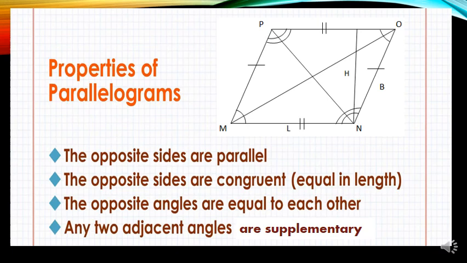So recall all the properties of parallelogram before we proceed to the classifications of parallelograms. The opposite sides are parallel and equal, opposite angles are equal to each other, any two adjacent angles are supplementary, diagonals bisect each other, diagonal divides the parallelogram into two congruent triangles.